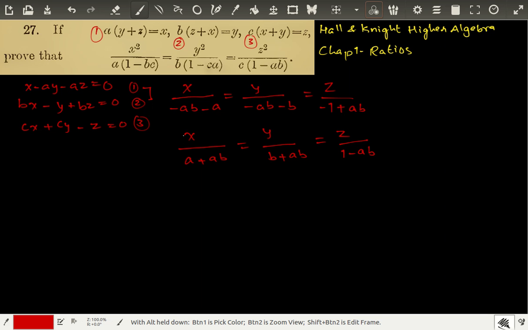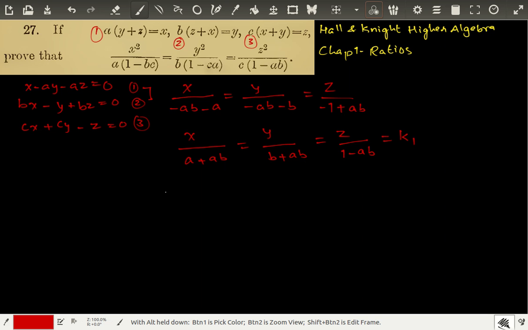So this is the relationship that we get from 1 and 2. Let us call this relationship K1. Okay, we are assuming that each of these ratios is equal to some constant K1.